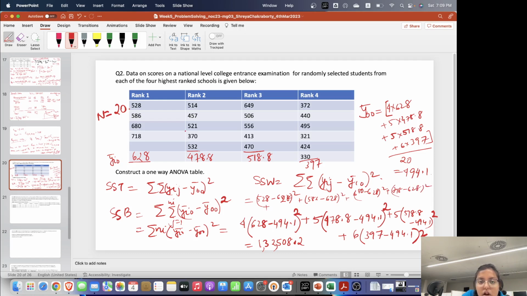Then again for the next column, this will be 514 minus 478.8 whole square, and so on and so forth.